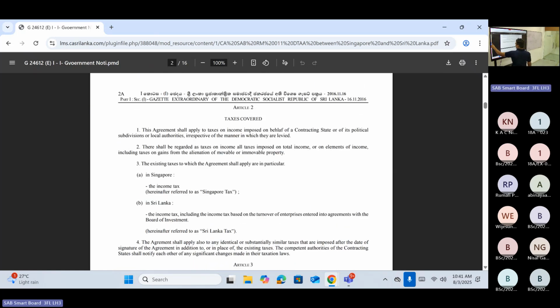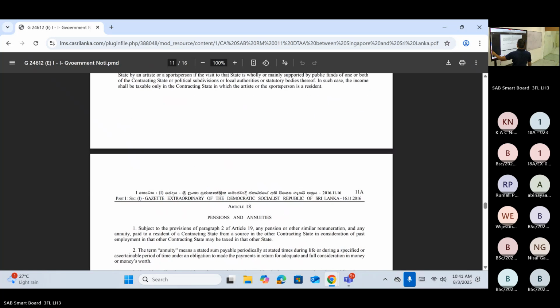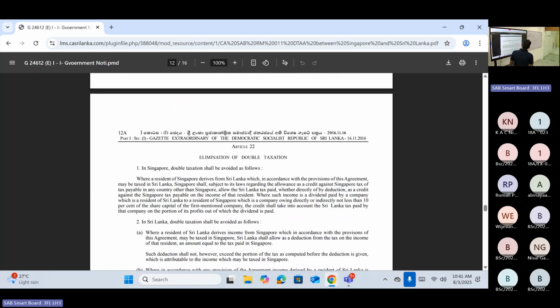Point one. Elimination of double taxation. Where a resident of Singapore derives income from Sri Lanka, which according to the provision of this agreement may be taxed in Sri Lanka, Singapore shall, subject to its laws regarding the allowance as a credit against Singapore tax of the tax payable in any country other than Singapore, allow the Sri Lanka tax paid, whether directly or by deduction, as a credit against the Singapore tax payable on the income of that resident.